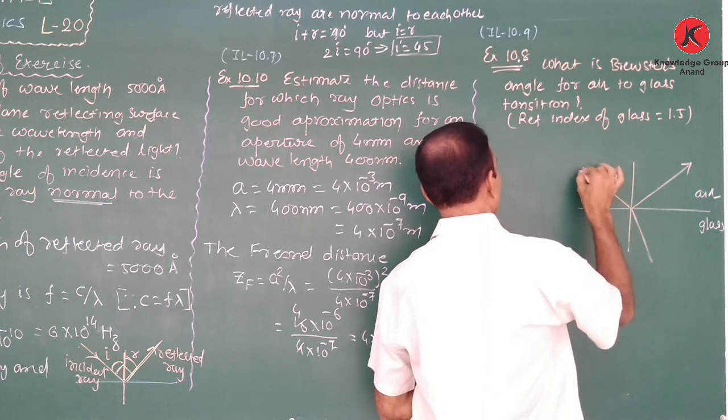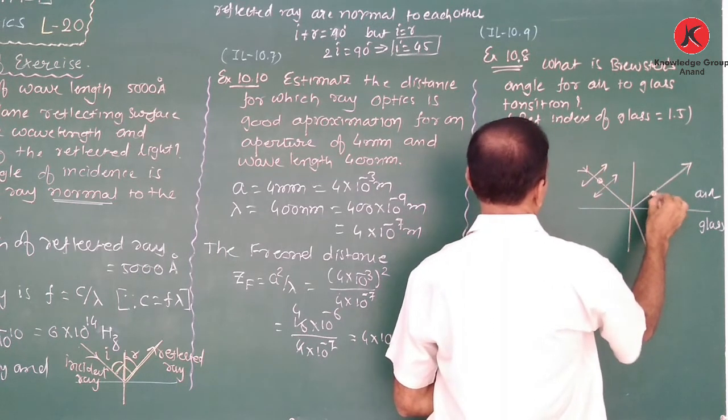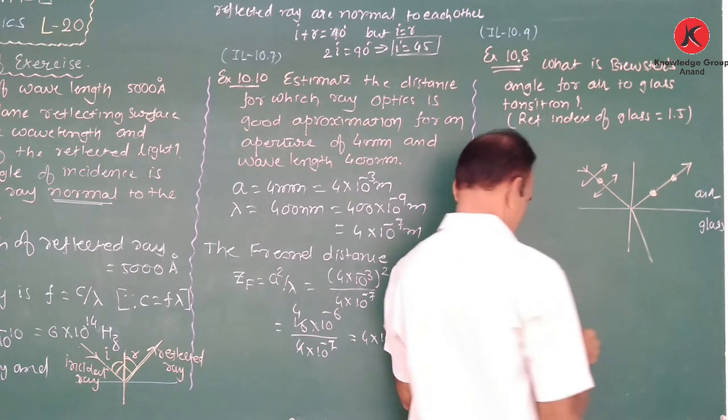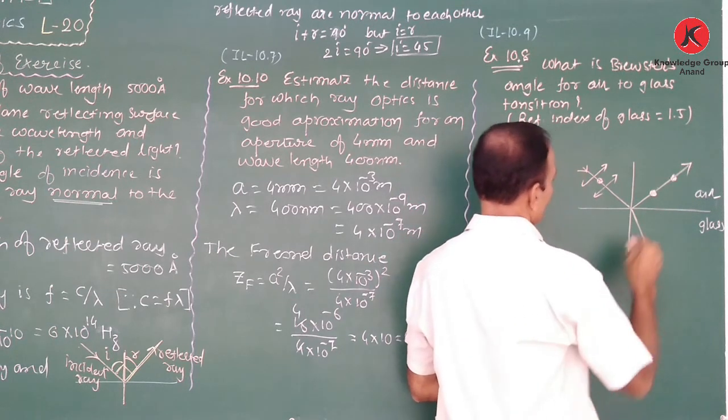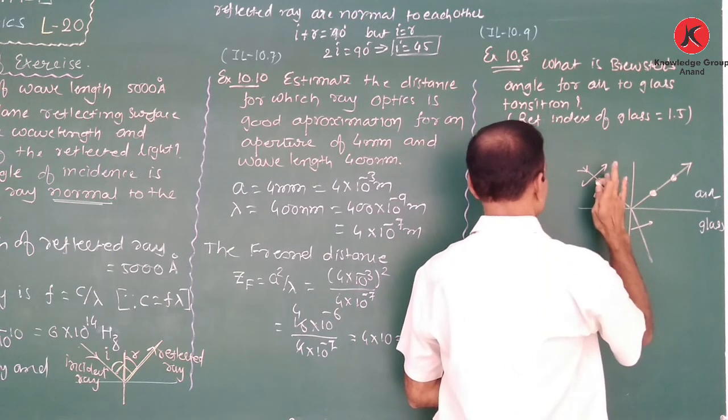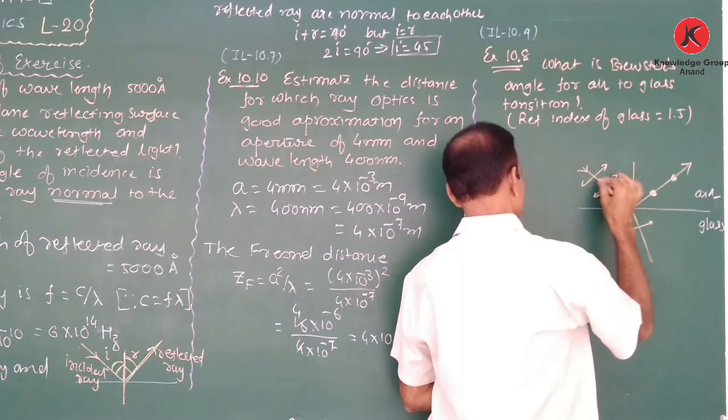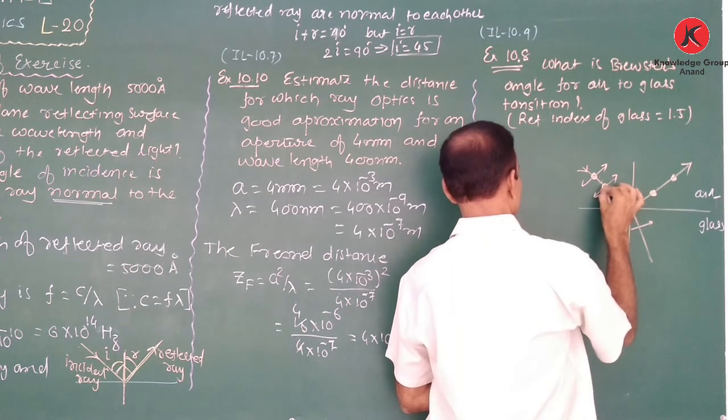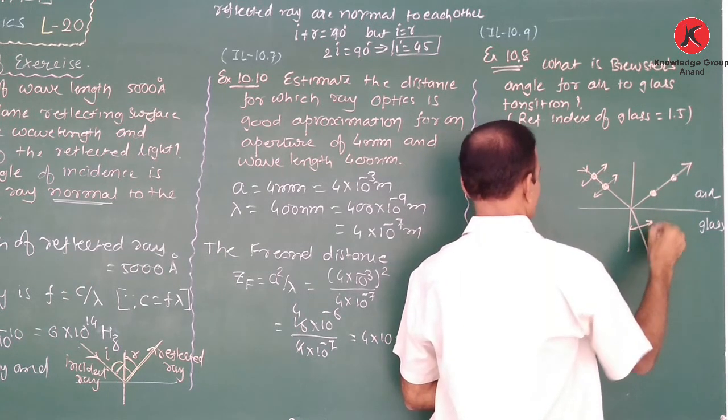Here there is the unpolarized light incident, and here there is plane polarized light, and here there is polarized light. The figure is only for understanding.